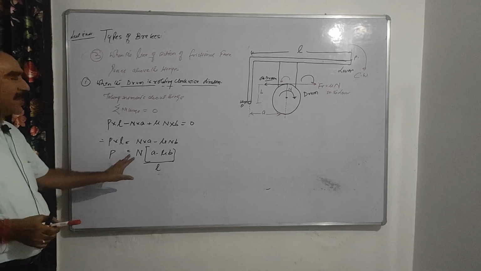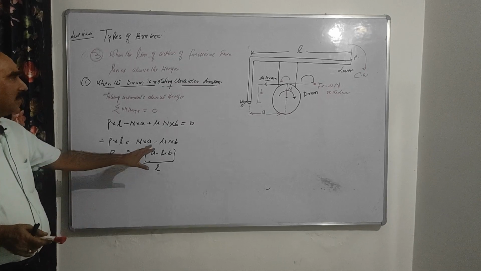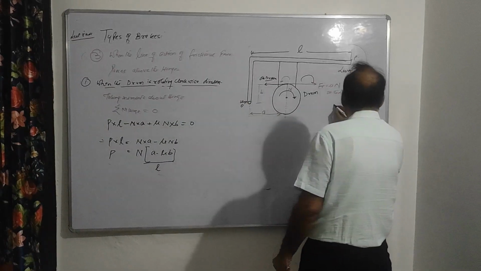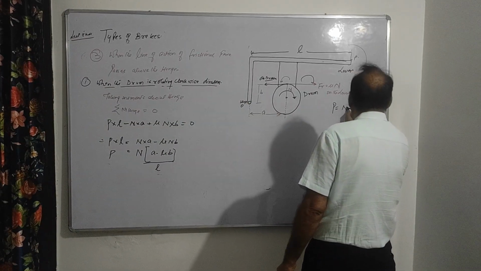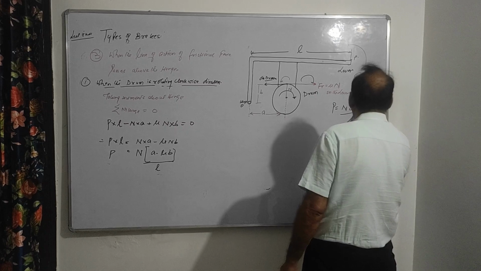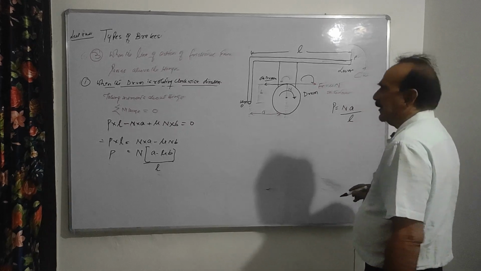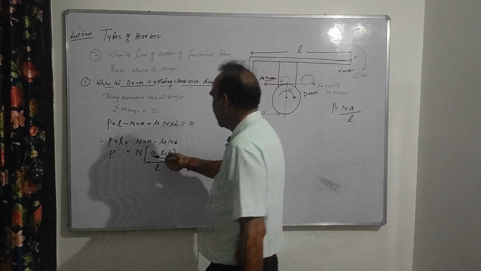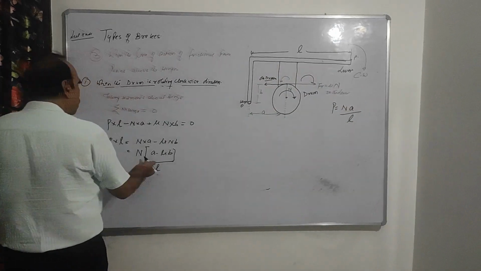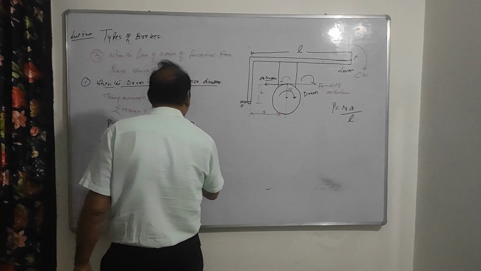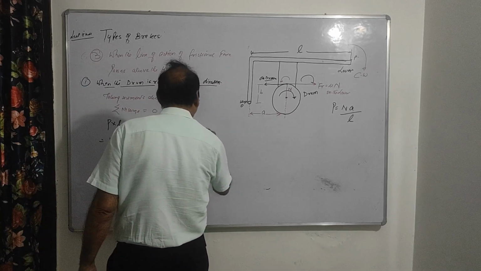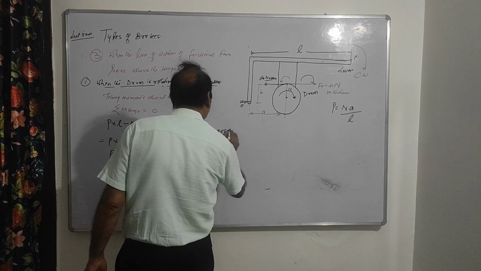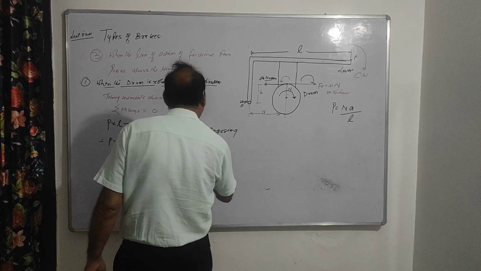Again, this is the self-energizing brake. Here you see, if you compare with the previous brake, suppose this one P is equal to NA upon L, so here the effort P is reduced considerably. So this is your self-energizing brake.